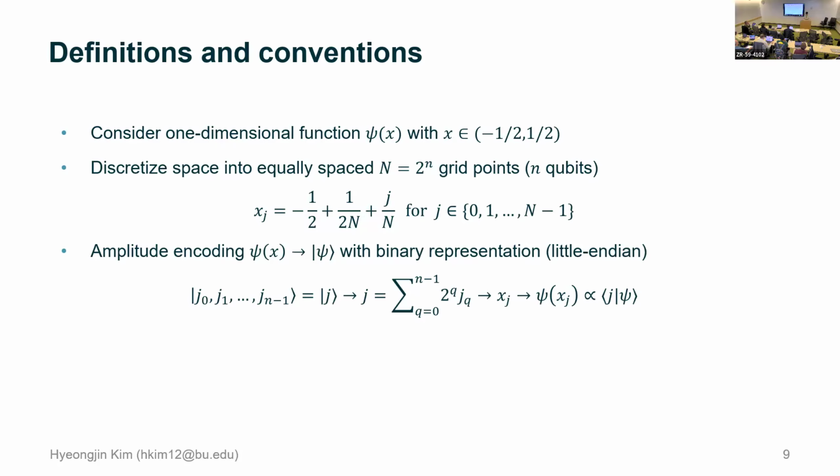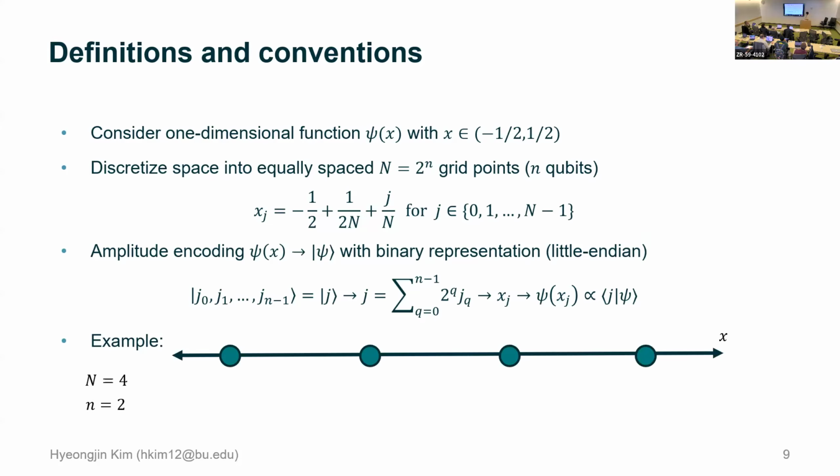Just a quick example. Let's suppose that we have a grid of 4 points, so we have 2 qubits here. We have the x-axis here, and we have 4 equally spaced grid points. In this language, the leftmost is indexed by j equals 0, and the rightmost point is indexed by j equals 3.